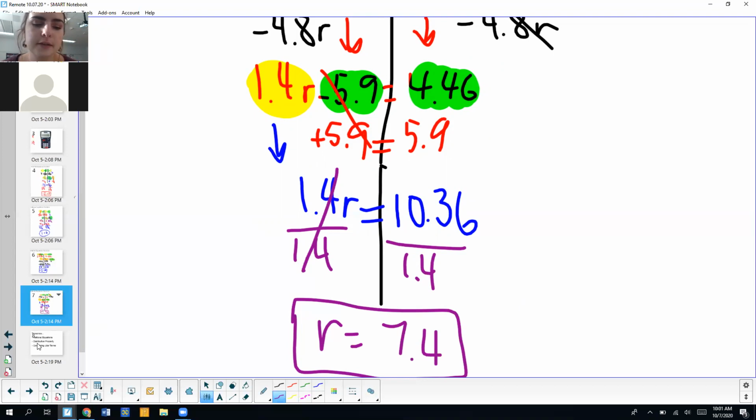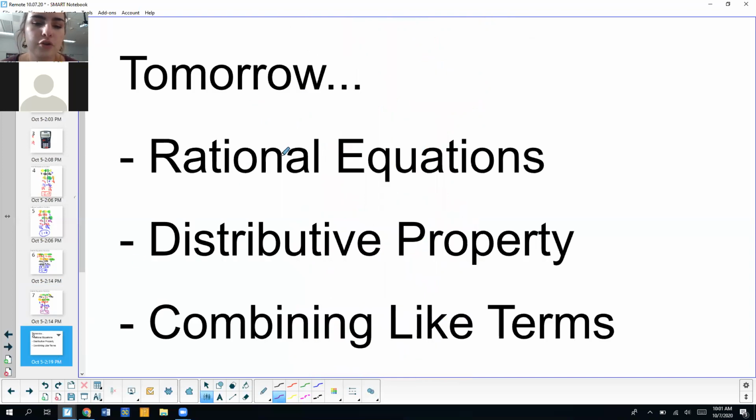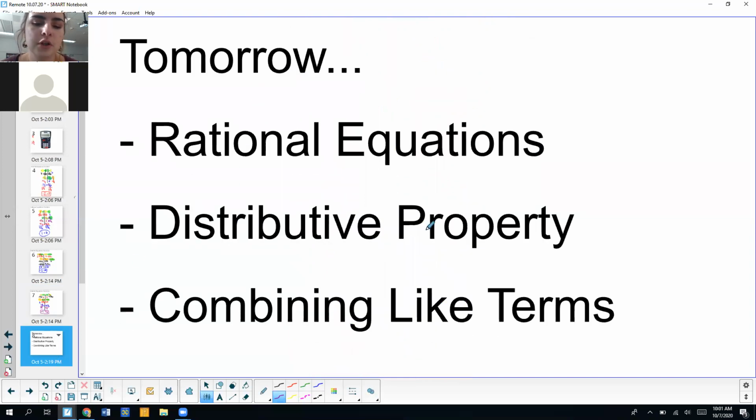The only difference is that we're including decimals and fractions. So tomorrow we're going to do more rational equations. We're going to introduce the distributive property and combining like terms to rational equations, which really shouldn't be that crazy, but it looks way more intimidating than it is. But you've got your handy dandy calculator with you and you guys will be just fine.